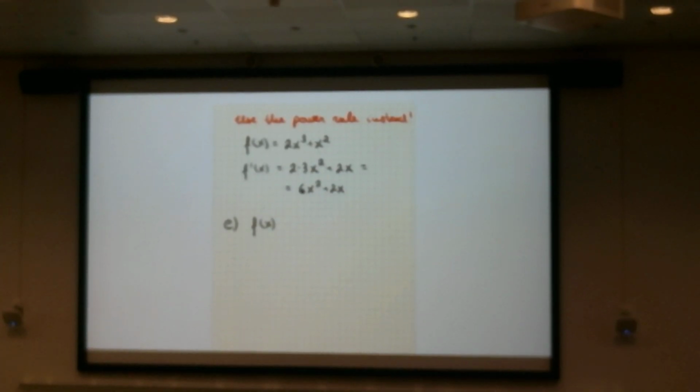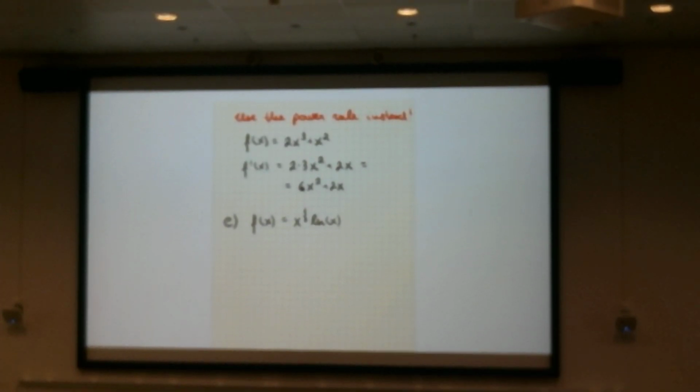let's remember the derivative of a natural logarithm. So let's say I have x to the power of 1 over 3, and it's multiplied by the natural logarithm of x. Right? So we have a function like this. And again, that's a product.